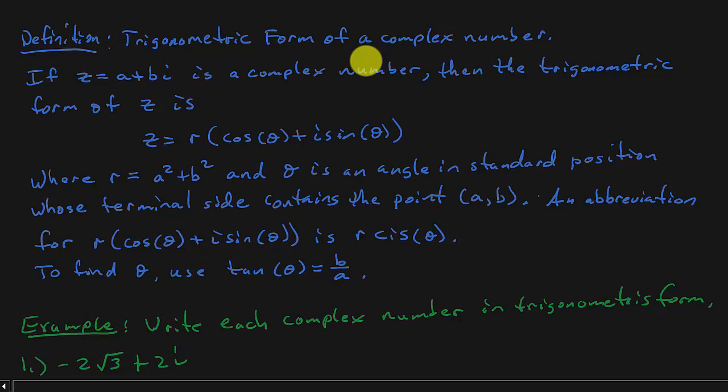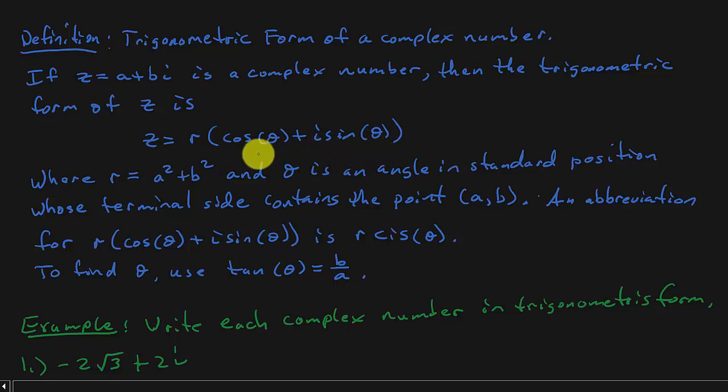Here's the big stuff: trigonometric form of a complex number. If z is equal to a plus bi, like you saw in college algebra, then the trigonometric form of z is z equals r times the quantity cosine theta plus i sine theta.